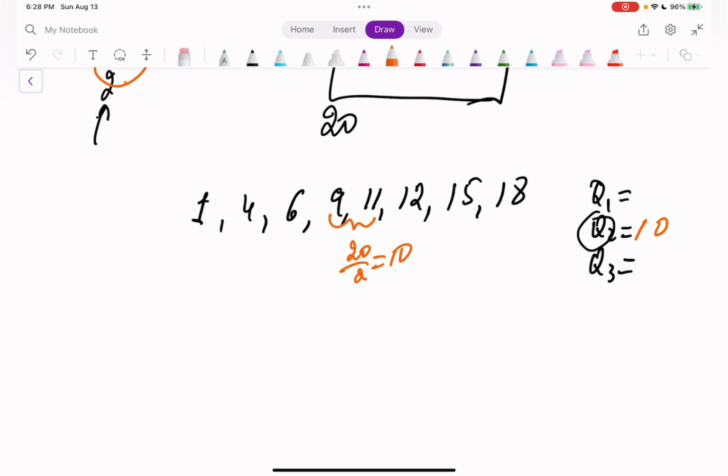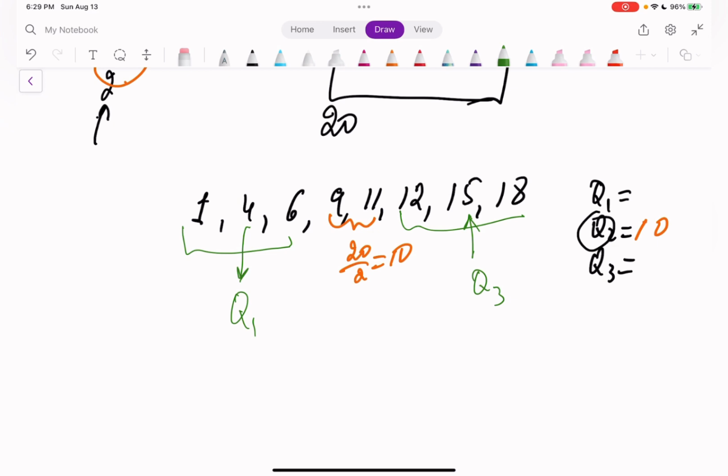Now what do we have left? We have 3 numbers here and 3 numbers here. Q1 is the median for the low-level numbers, and Q3 is the median for the higher-level numbers.